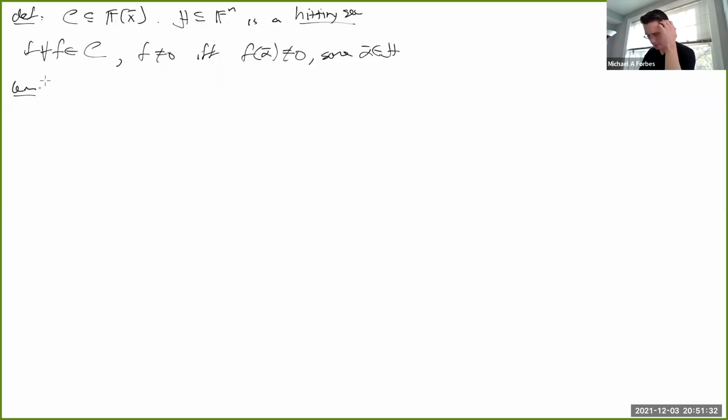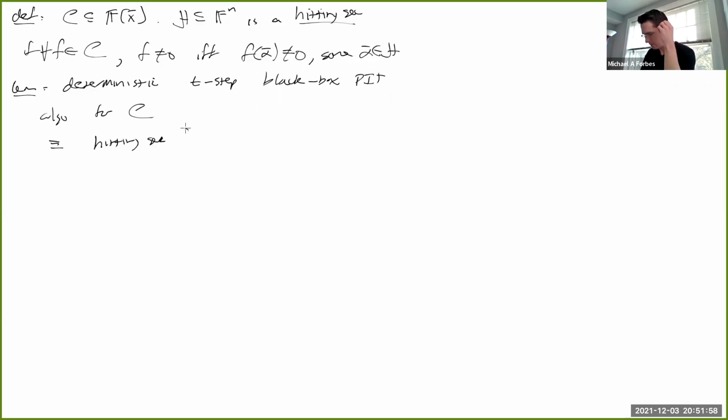Well, there's a lemma, which says that a deterministic t-step black box PIT algorithm for some class curly C is equivalent to a hitting set H for C, where the size of our hitting set is at most t.